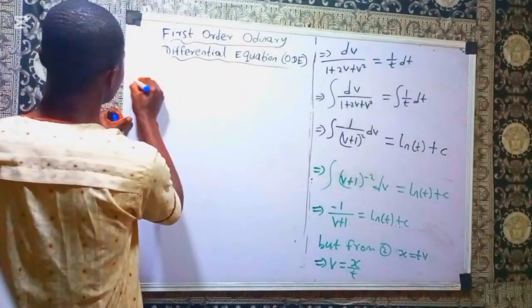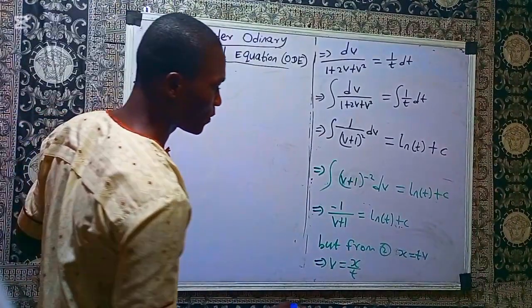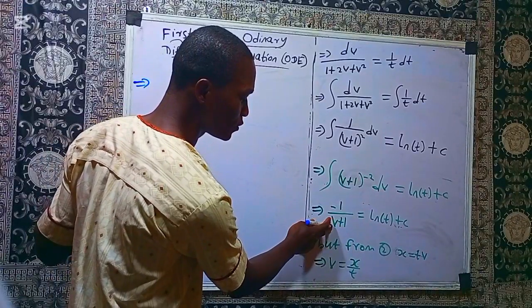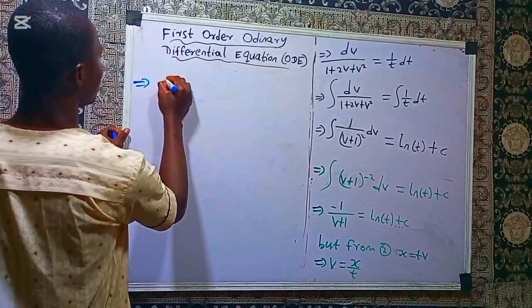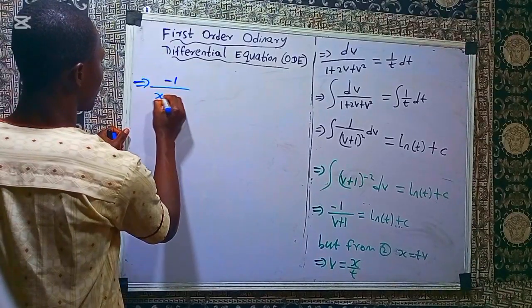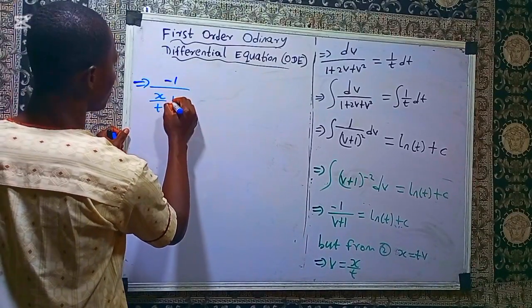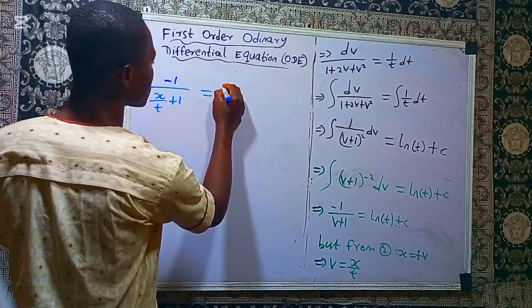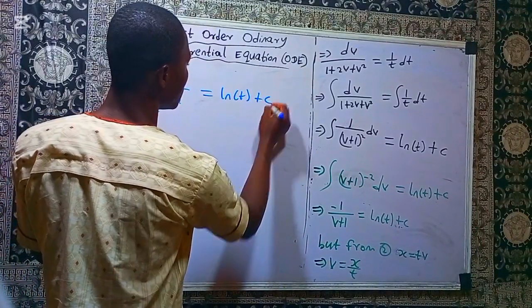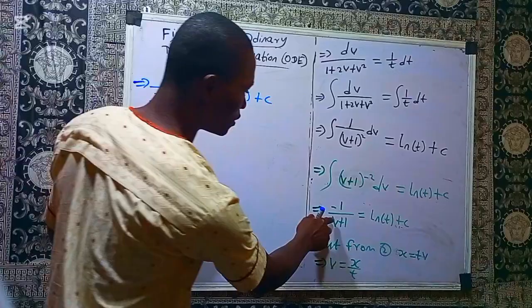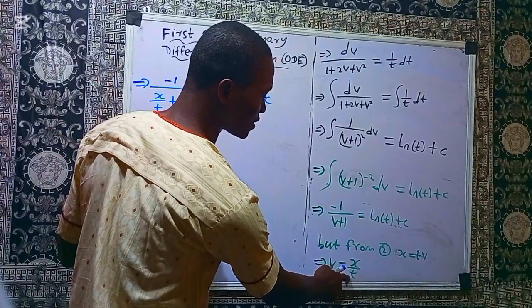So I'm going to replace v with x over t. This implies negative 1 over (x over t plus 1) equals ln of t plus c.